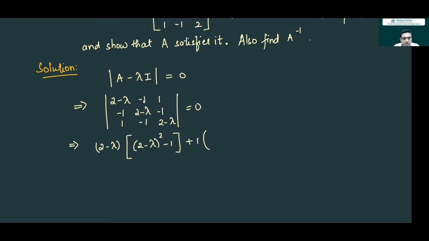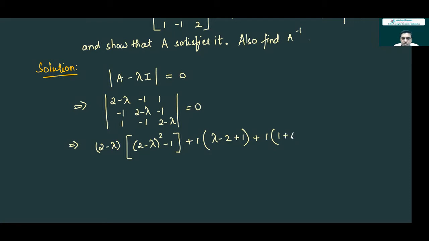The second element: minus of minus 1 times, remove the first row, second column, minus 1 into 2 minus lambda, that is lambda minus 2, minus of minus 1, that is plus 1, plus 1 times 1, minus 1 into minus 1 is 1, minus 2 into minus of 2 minus lambda.